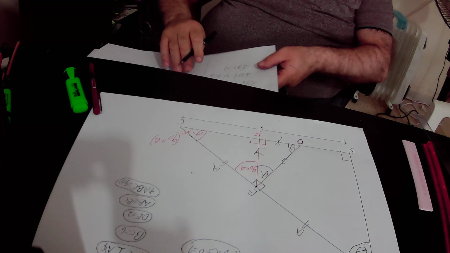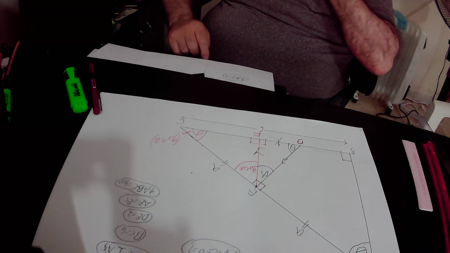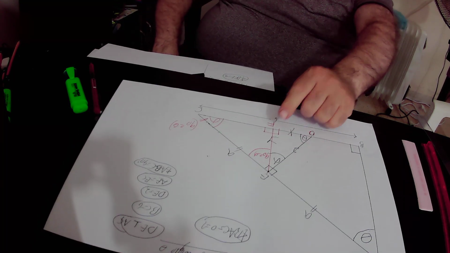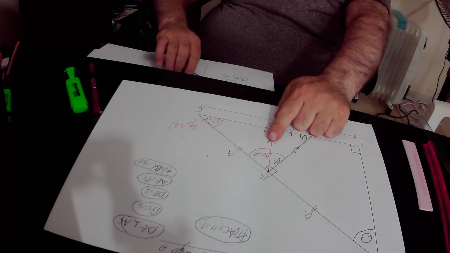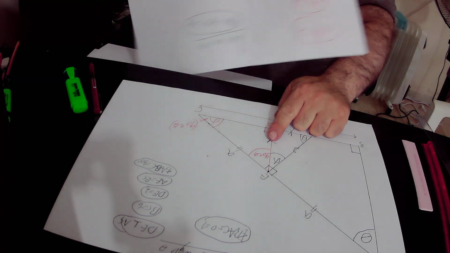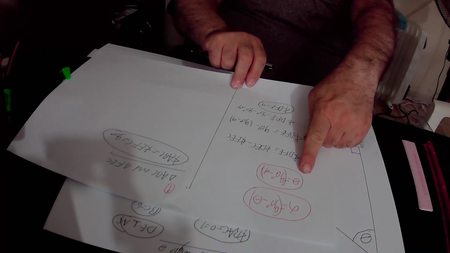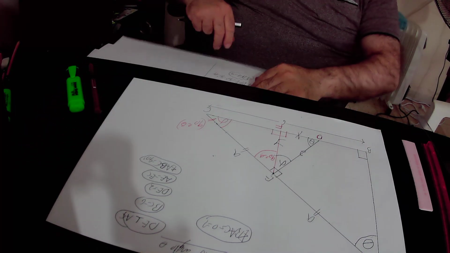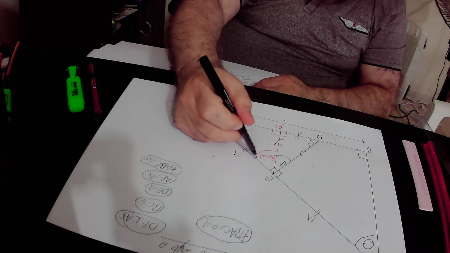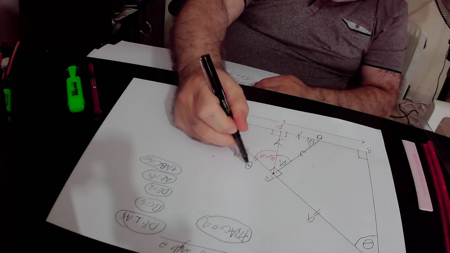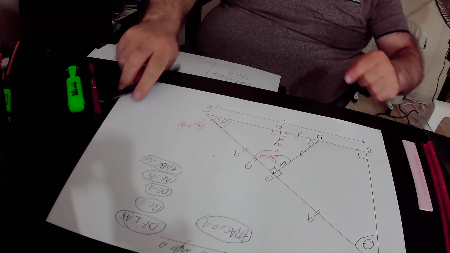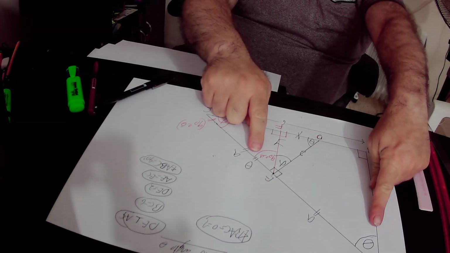In addition, 90 degrees minus alpha equals theta. So we can write here that 90 degrees minus alpha equals theta. So actually those two angles are equal to each other.